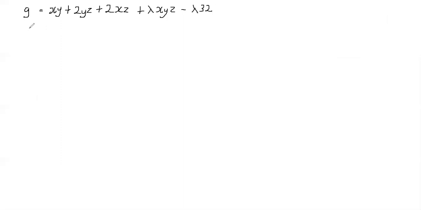We are going to differentiate with respect to y. So x is constant, y is 1, and 2z is constant, y will be 1, and there is no y in the next term, so this will be 0, plus lambda xz is constant, y will be 1, and the last term will be 0. So we equate this: x plus 2z plus lambda xz is equal to 0.